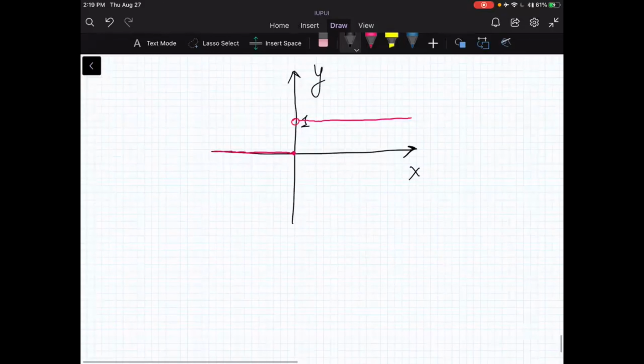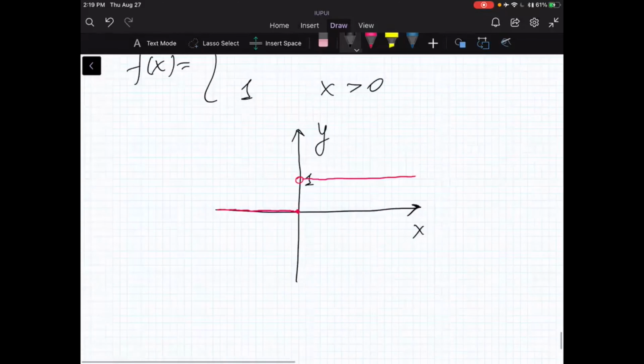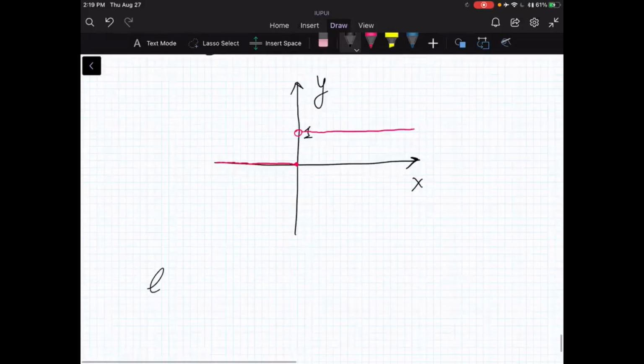And from this picture, we can say that the limit of f of x when x approaches 0 from the left, 0 minus, so we are coming to 0 from this side, will be 0, right? Because I'm taking some values here, here, here, and I still get 0.